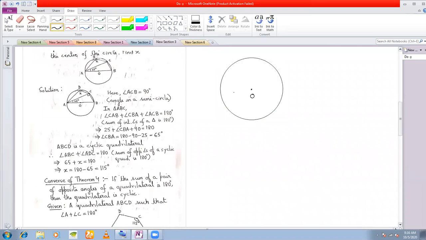Who is the center of this circle given to you? This AB is a chord that passes through the center, and therefore it becomes the diameter of the circle. Let's call it AB.